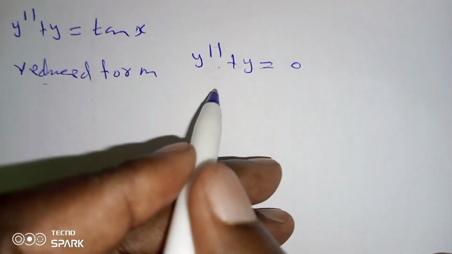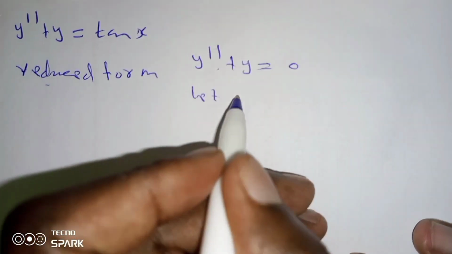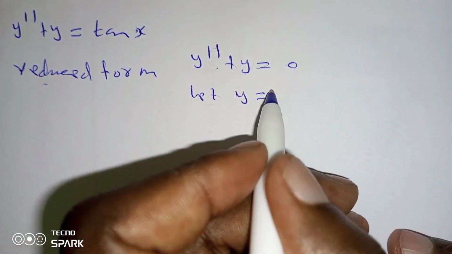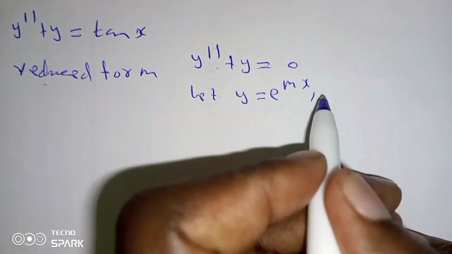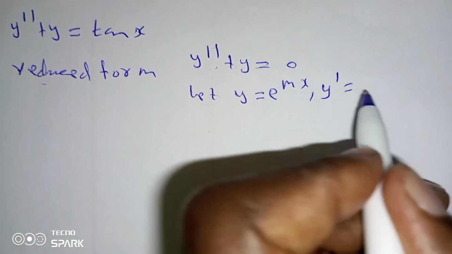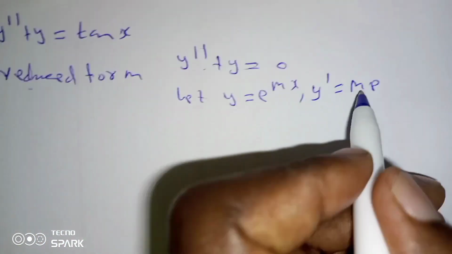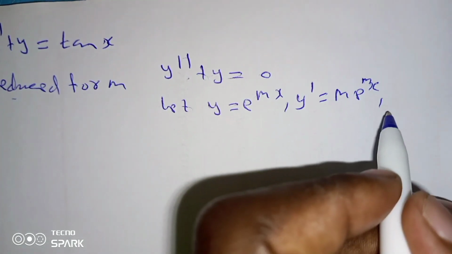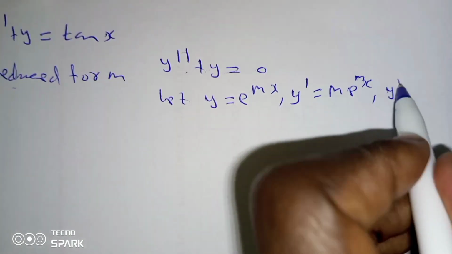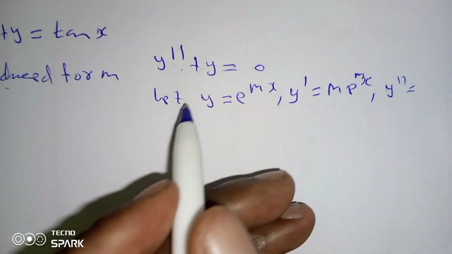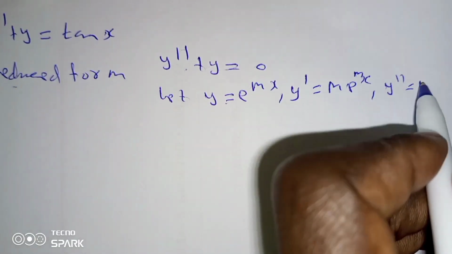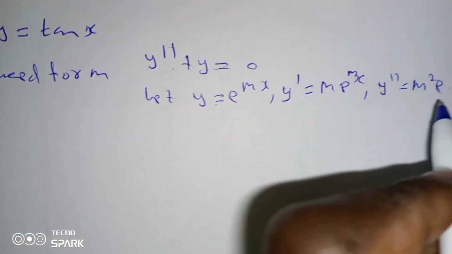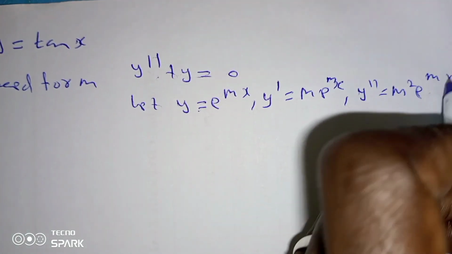Then we let our y be equal to e to the mx. Our y single prime is equal to m e to the mx, and differentiating twice gives y double prime equal to m squared e to the mx.